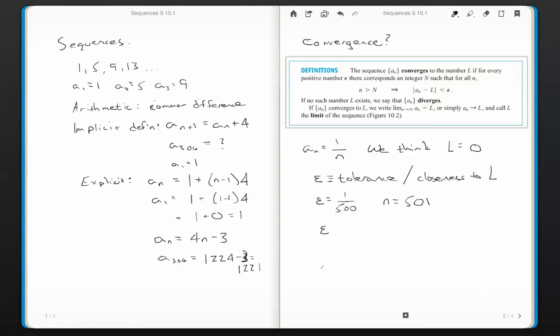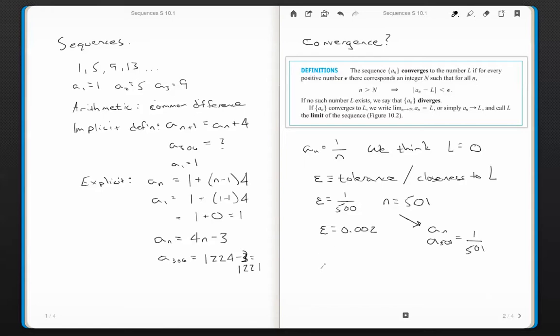What if someone challenged you, I want to get this close, 1/2,000ths? Then you say n equals 501, and that means a sub 501 equals 1 over 501.